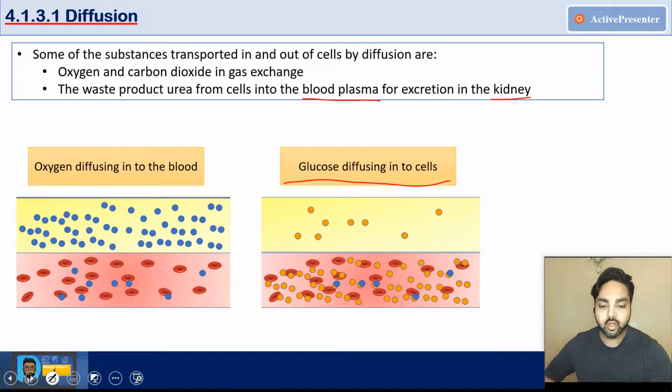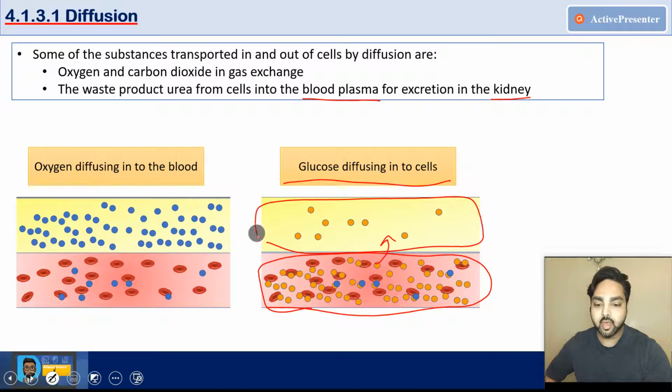So you've got a large amount of glucose in your bloodstream, which is maintained by the body's systems of homeostasis, and you want that glucose to go into cells so it can be used for respiration. You can see there's a high concentration of glucose in the blood and a low concentration of glucose in the cells, but unlike the first example, the cells aren't really going anywhere, so you need to maintain a diffusion gradient.